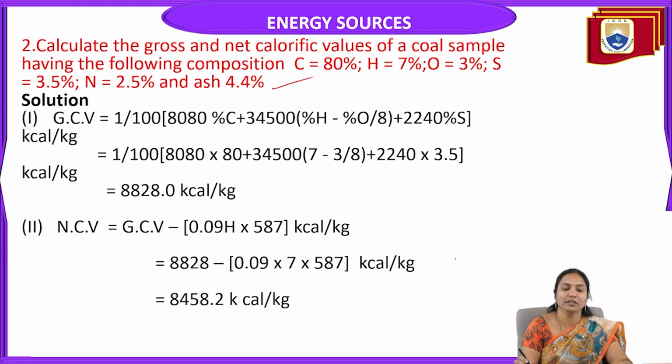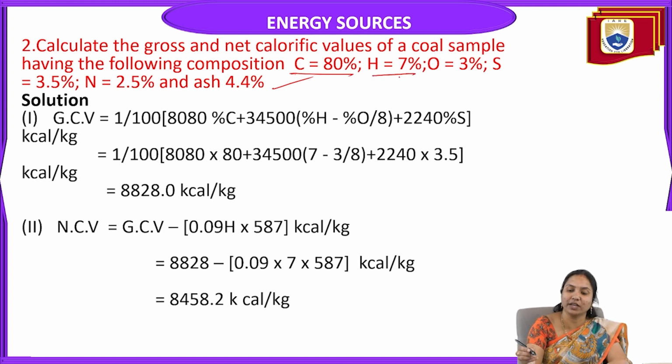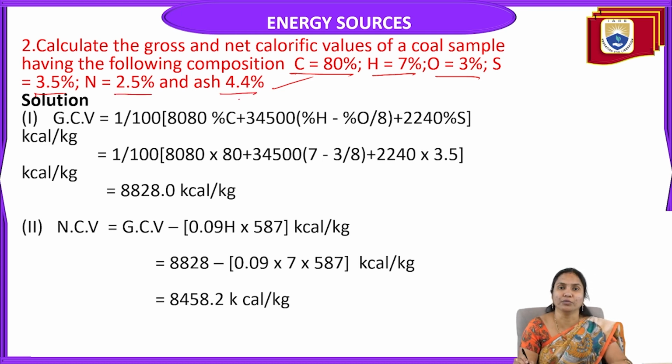And the next one is: calculate the gross and net calorific values of a coal sample having the following composition: carbon equals 80, hydrogen equals 7, oxygen equals 3, sulfur equals 3.5, nitrogen equals 2.5, and ash equals 4.4 percentage present in this given fuel.